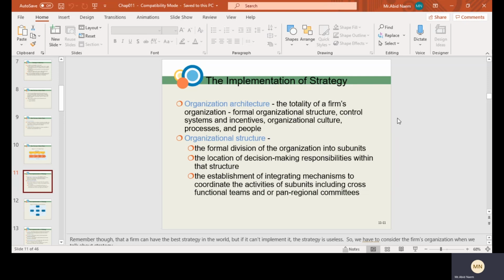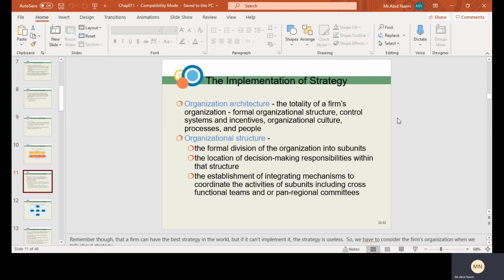Then the next point is the establishment of integrating mechanisms to coordinate the activities of sub-units, including cross-functional teams or pan-regional committees. Now this is interesting. Right now in a dynamic environment, teams are not department specific but cross-functional.